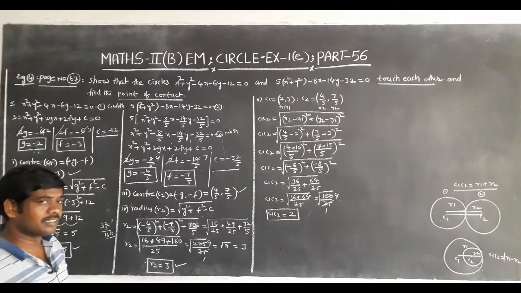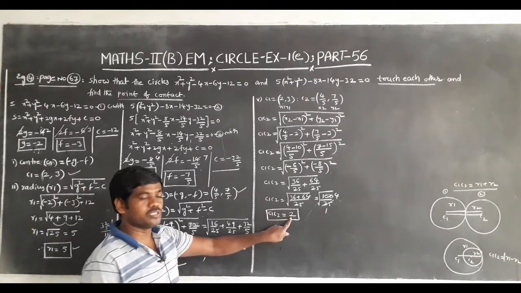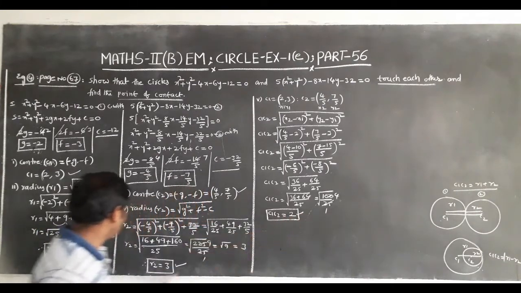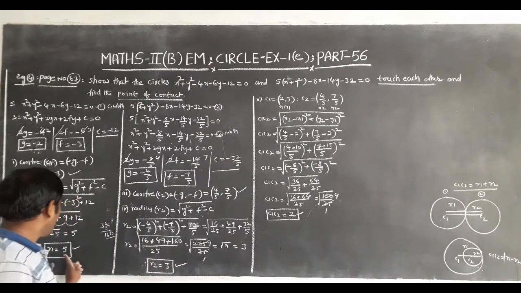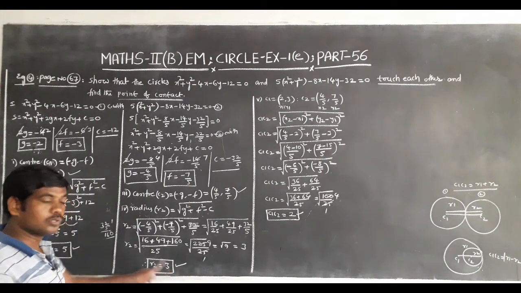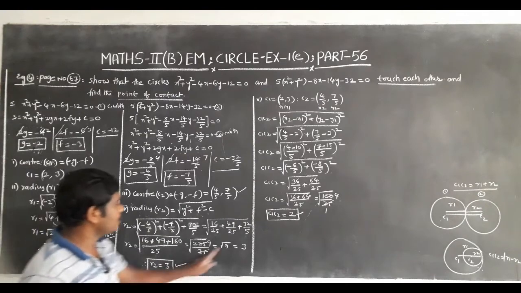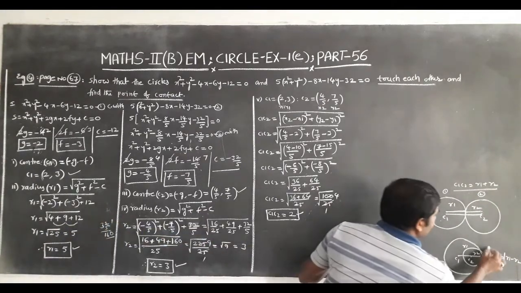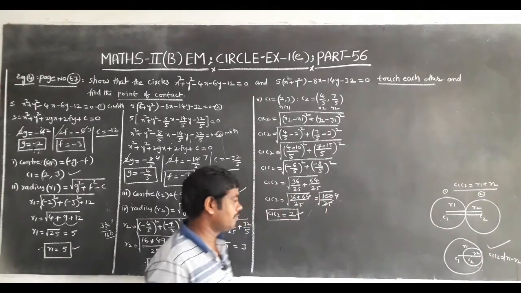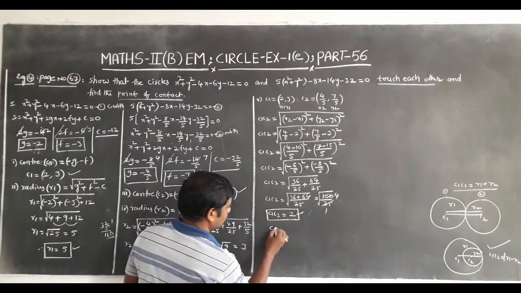Observe that clearly C1C2 is equal to 2, R1 is equal to 5, R2 is equal to 3. R1 minus R2, 5 minus 3, is equal to 2. Here C1C2 is equal to mod of R1 minus R2.